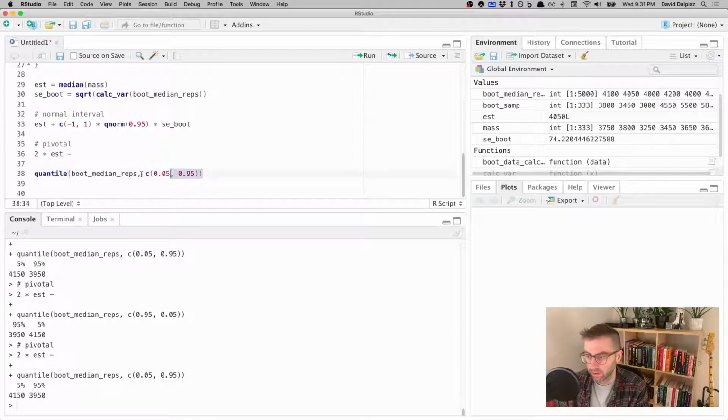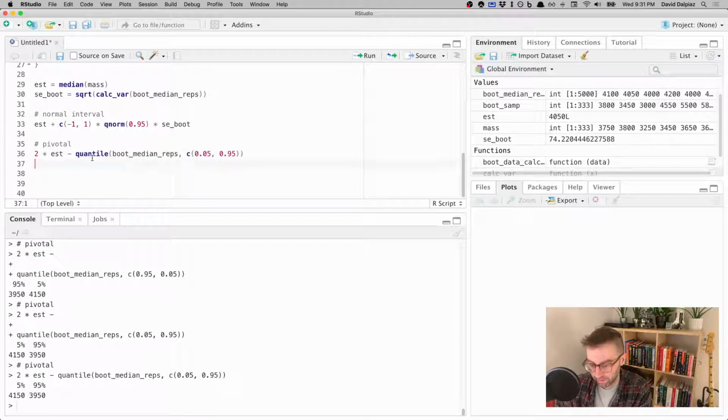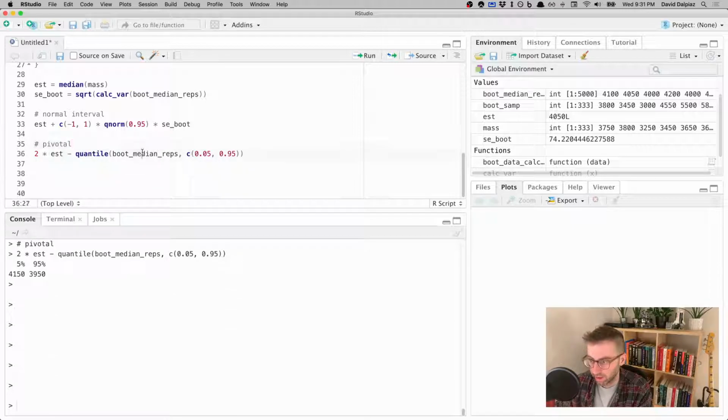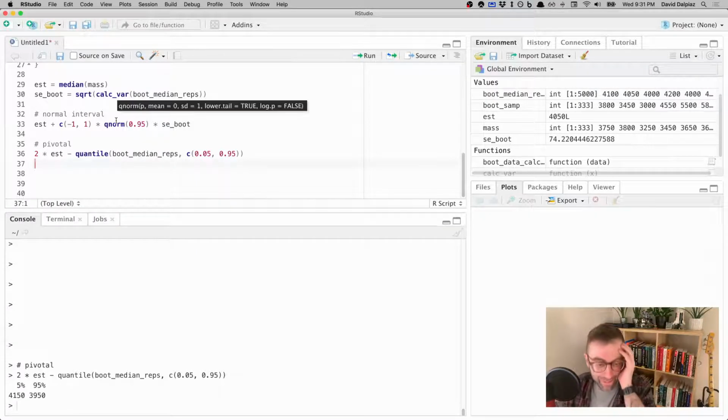Yeah. So it should just be exactly this, right? Wait, is that right? Wait. Sorry, the pivotal interval always messes me up. No, that can't be right because they're... Oh, I see why I was getting screwed up.